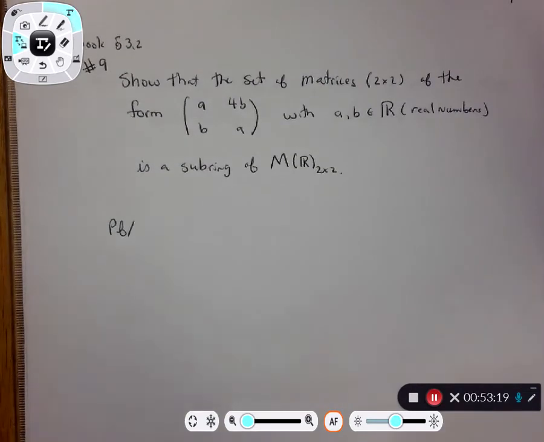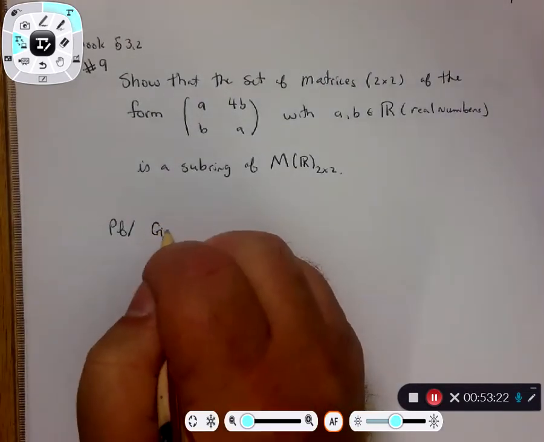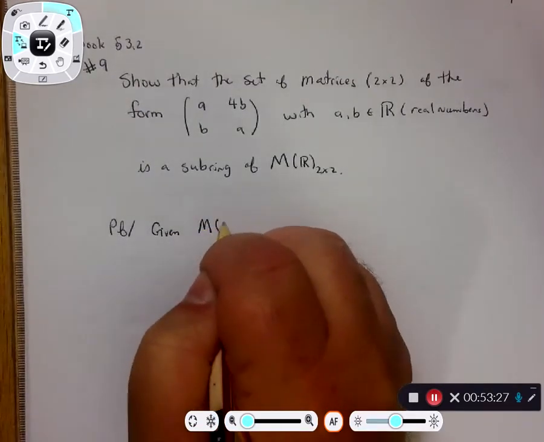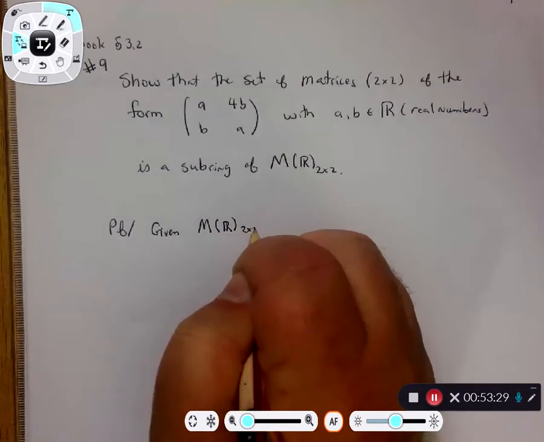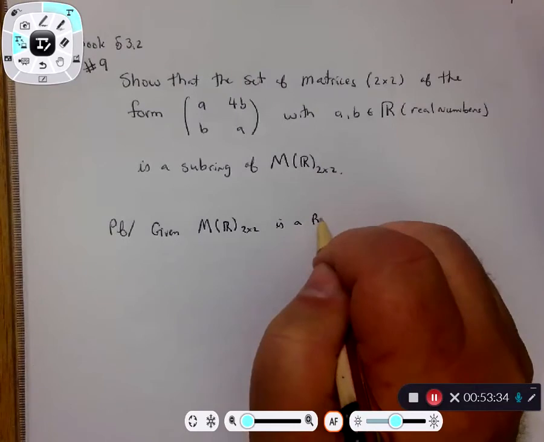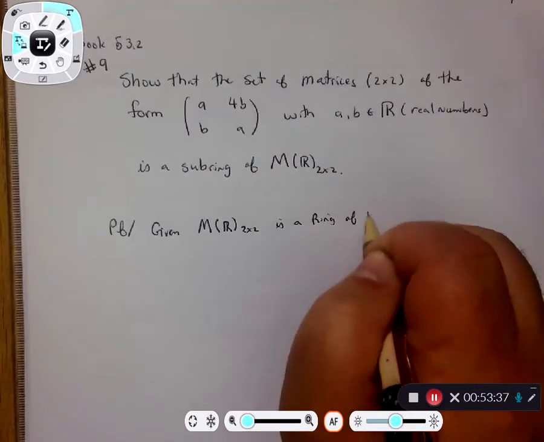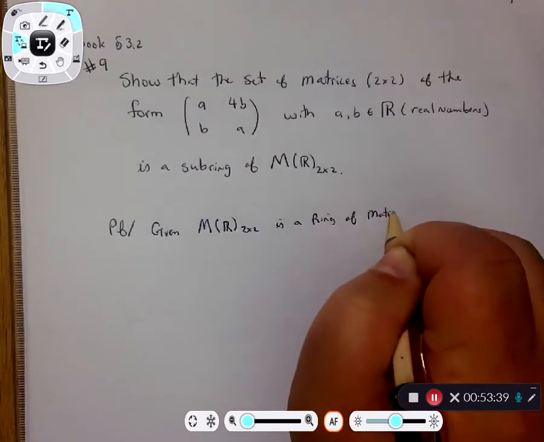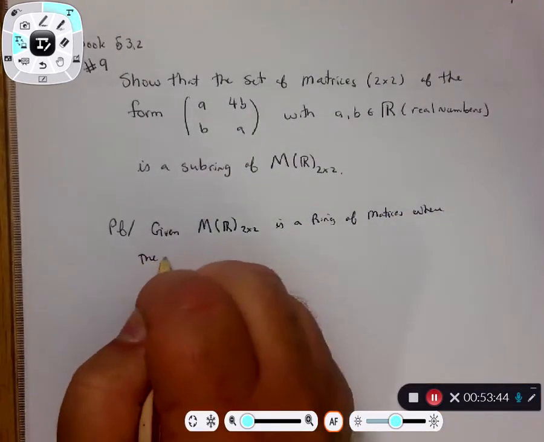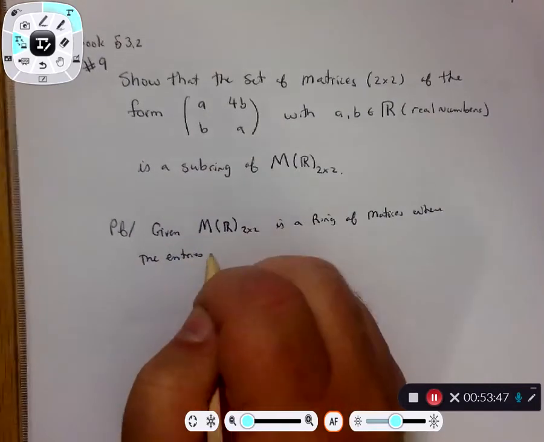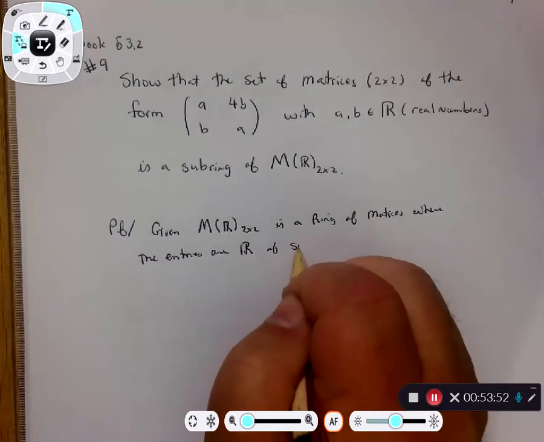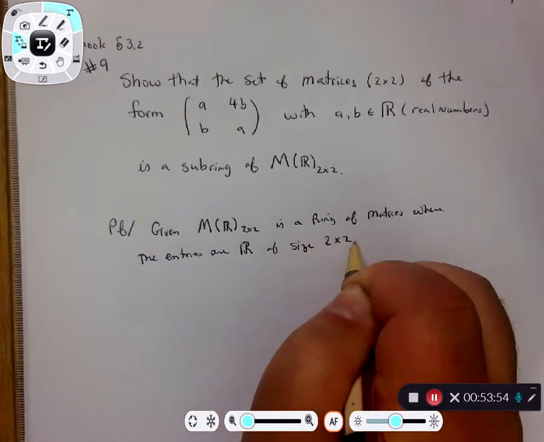So, given, okay, M R 2 by 2 is a ring of matrices where the entries are real numbers of size 2 by 2, 2 rows, 2 columns.